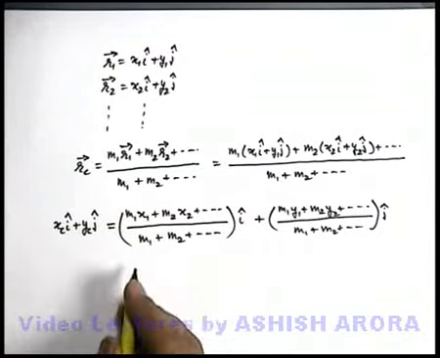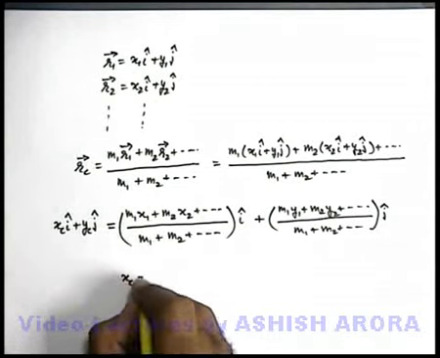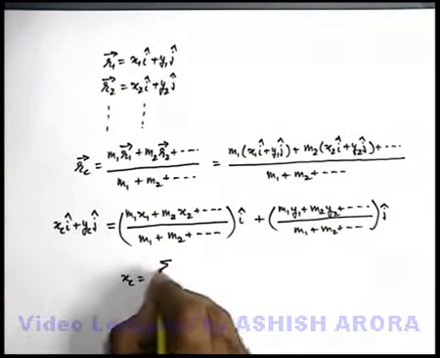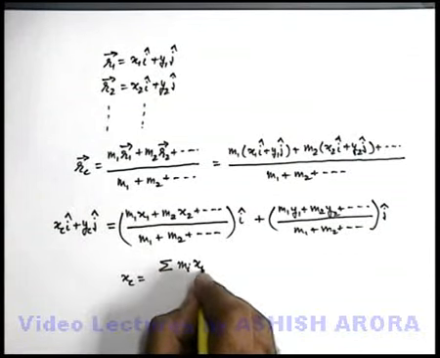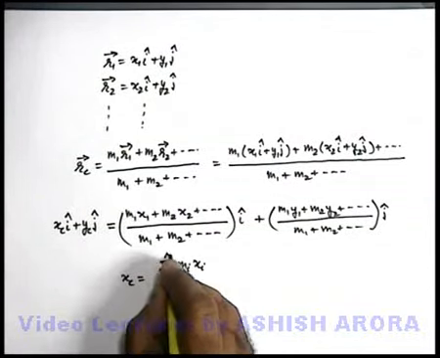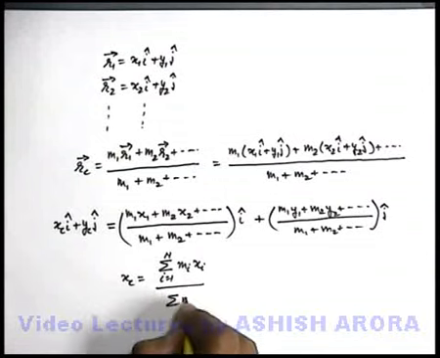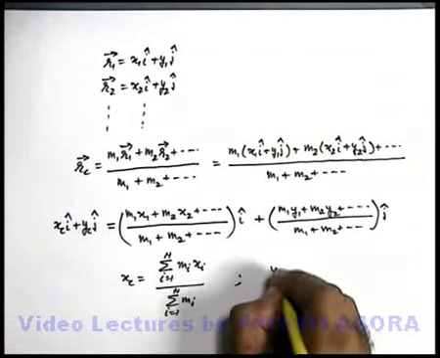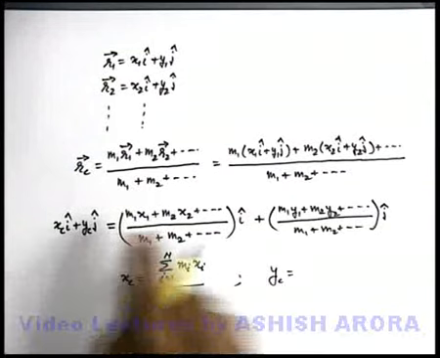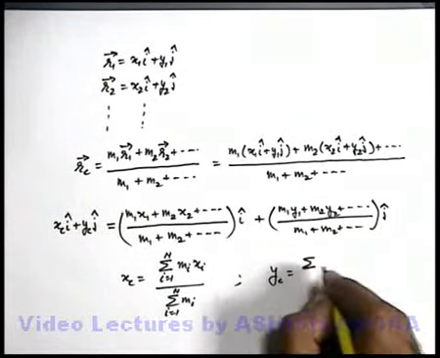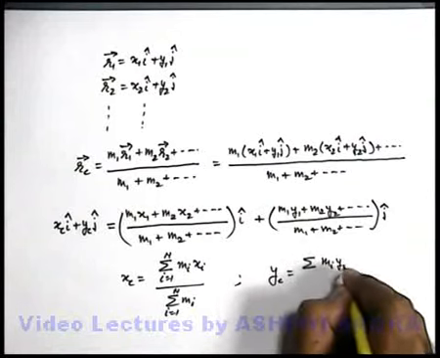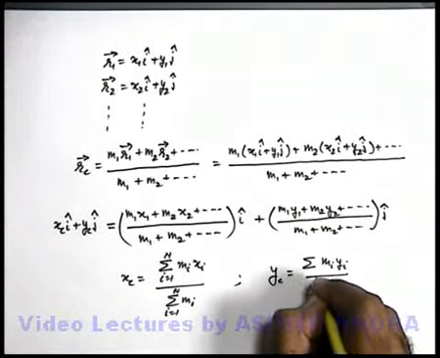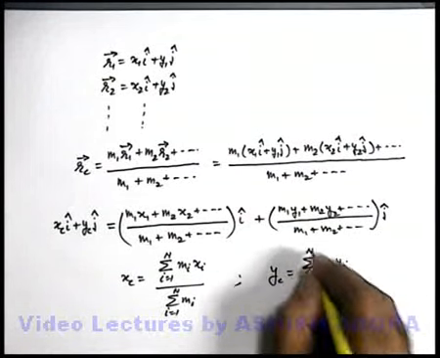So on comparing the two, we directly get the position coordinates of the center of mass of the system, where xc can be written as summation of mi xi from i equals 1 to n upon summation of mi from i equals 1 to n. Similarly, the y coordinate of the center of mass can be given as summation of mi yi upon summation of mi, from i equals 1 to n.